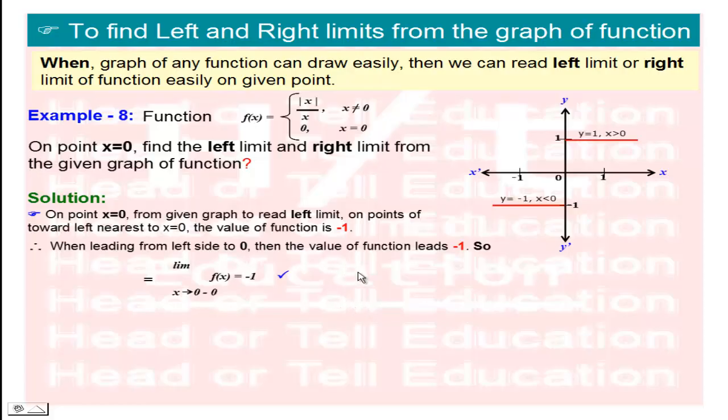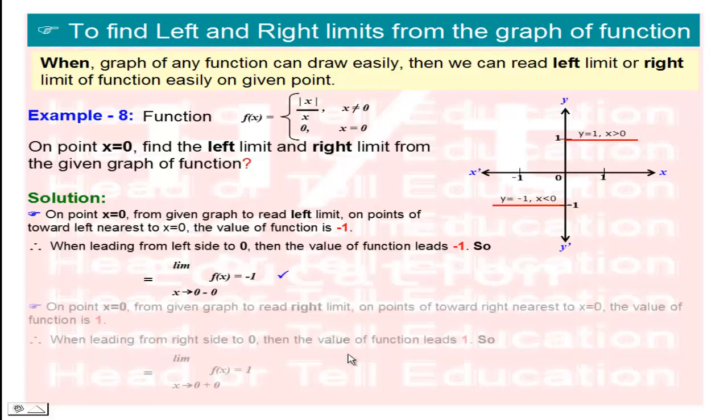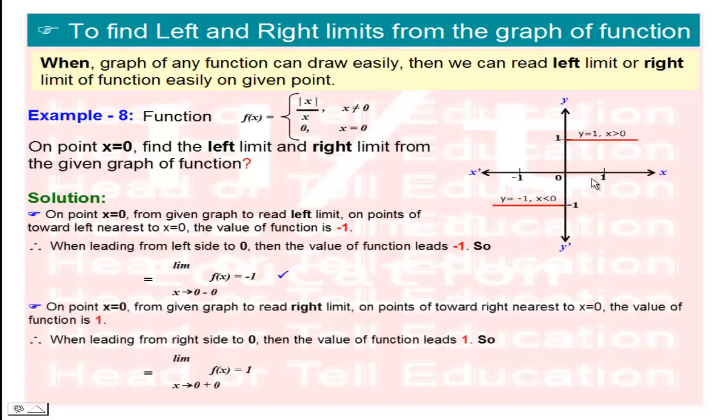Now check the right limit in the same way. At the point x equal to 0, from the given graph we read the right limit. So we check the points towards the right, nearest to x equal to 0.